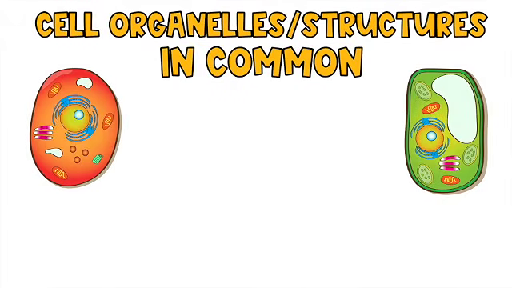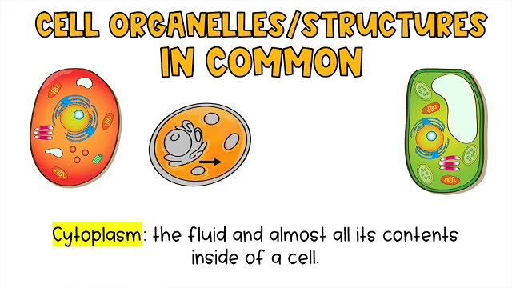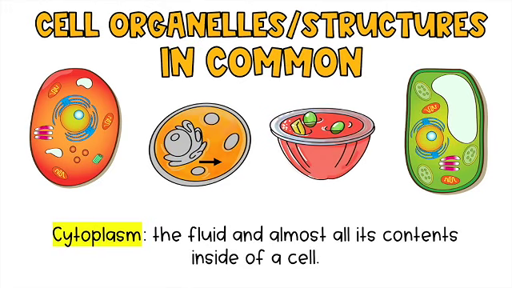The next structure that we share in common is cytoplasm. Cytoplasm is the fluid and almost all of its contents within the cell. This is a liquid, and it's mostly made up of water, but it contains other things as well. We equate it to a gelatin, because jello or gelatin would be something that would hold contents within it.